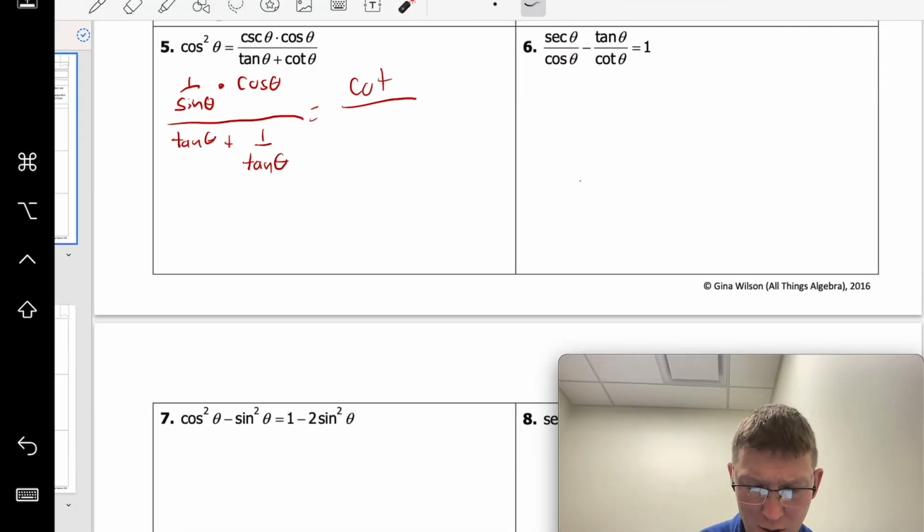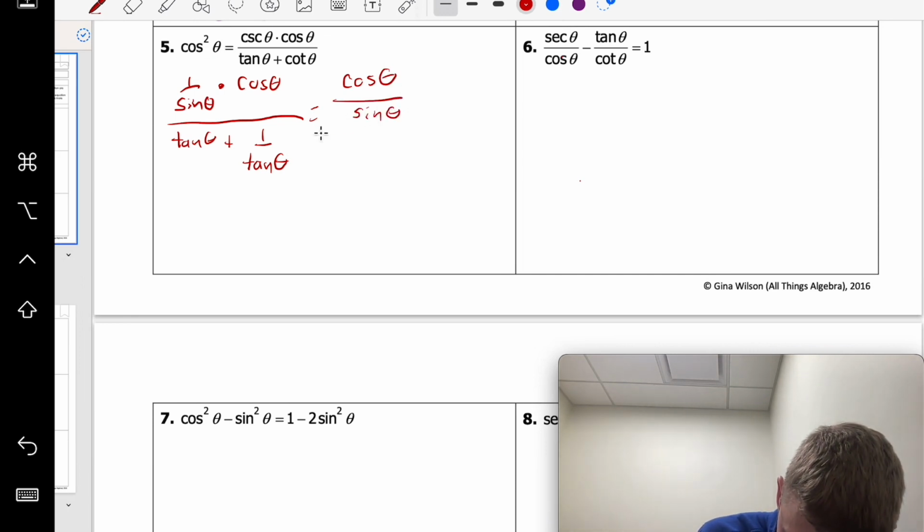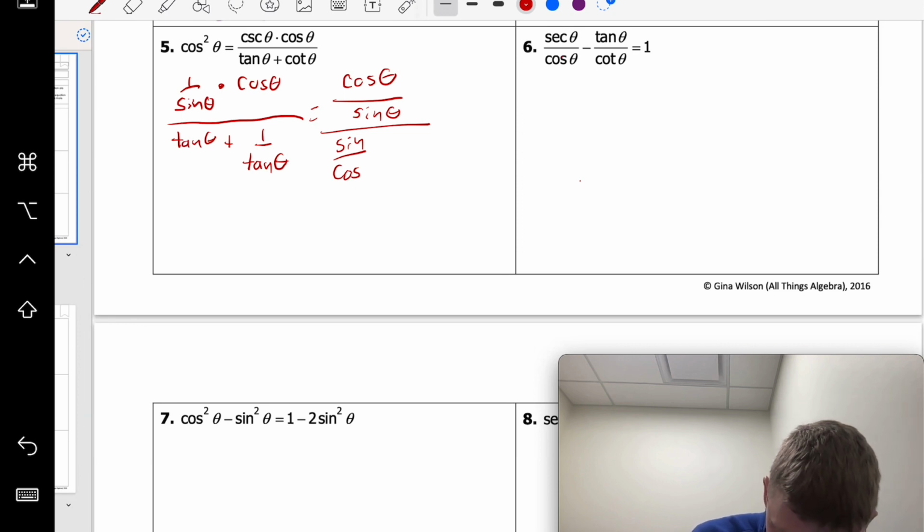Okay, after thinking about it some more, I don't really like this cotangent because we're shooting for cosine, right? So let's get rid of the cotangent, and just change everything into sines and cosines and try to put everything together from that. So on the bottom here, tangent of theta is sine over cosine. Cotangent, or 1 over tangent, is going to be plus cosine over sine.